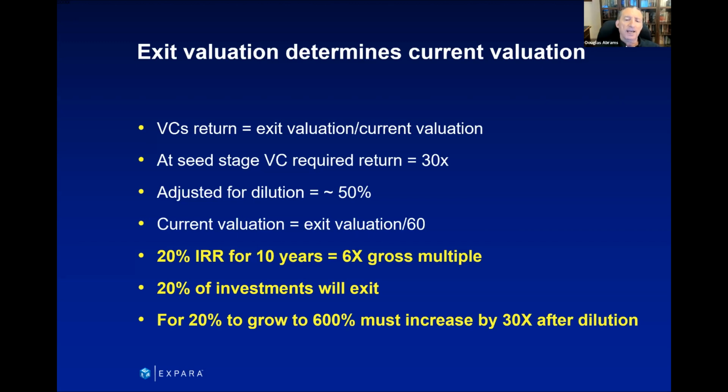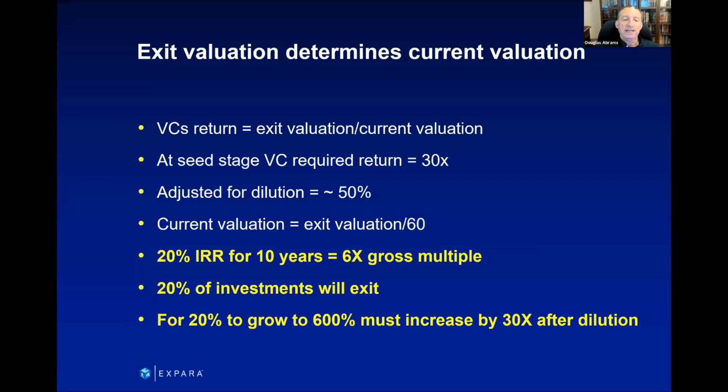And to get to our 30x number, I use 20% as a good estimate of the VC's cost of capital, which is actually a little low, because probably 25% or even 30% is closer to really the VC investors' required return, meaning the investors in the VC's funds. But if that's the case, the current valuation will be even lower. So this is using 20%. It's kinder to the startup.